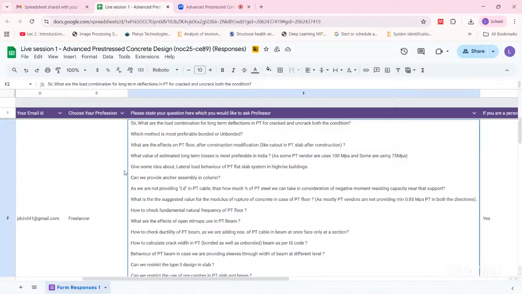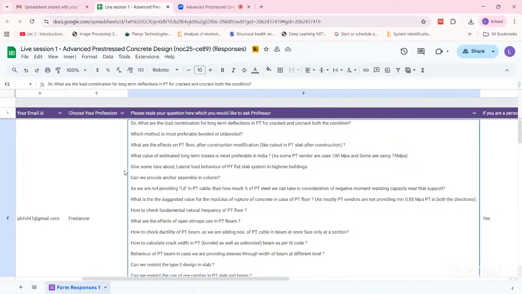Yes, sir. Perfectly. In the PT case, fundamental natural frequency is more governing in large spans. Suppose the span is about 18 meter, 20 meter, in marriage halls, community halls, and some special structures, hotels, and everything. And what I have seen, the different vendors are using different calculations for the frequencies, which are not as per Indian provisions.